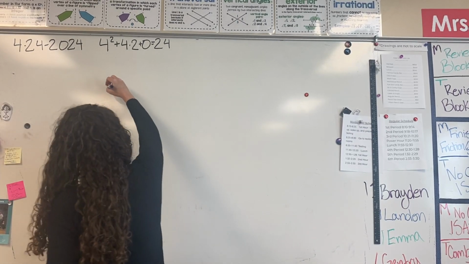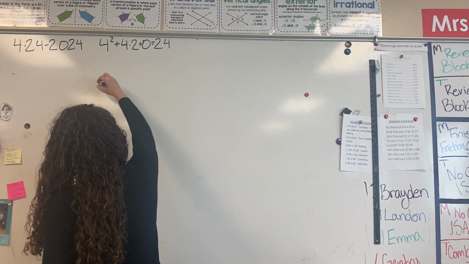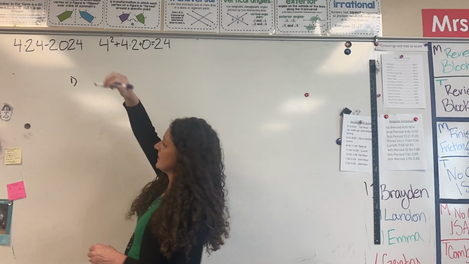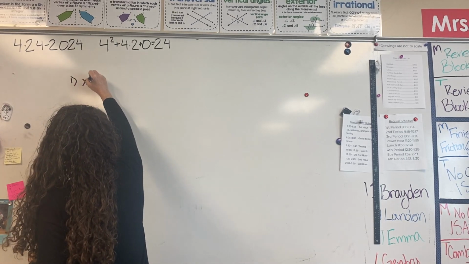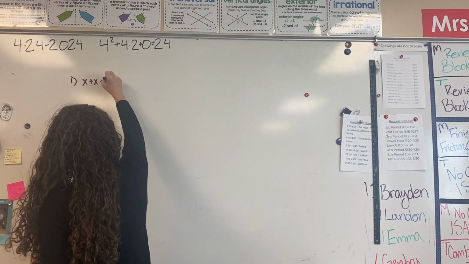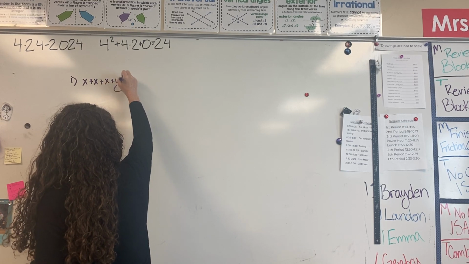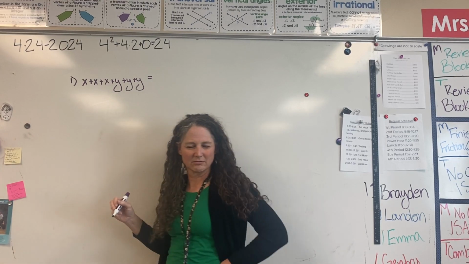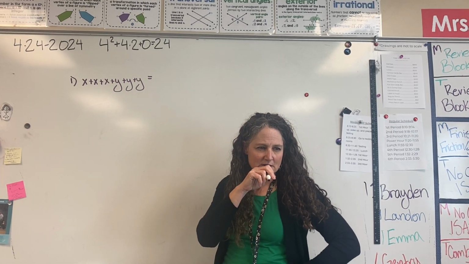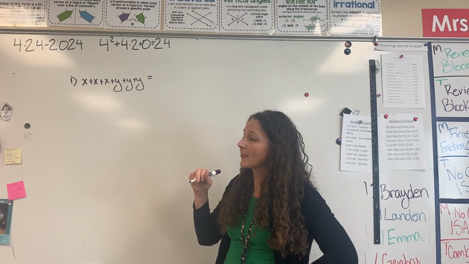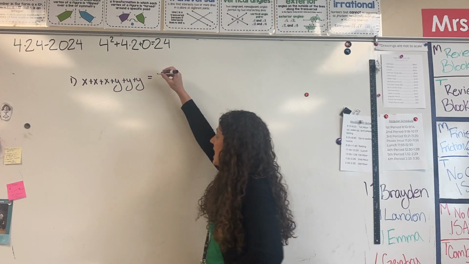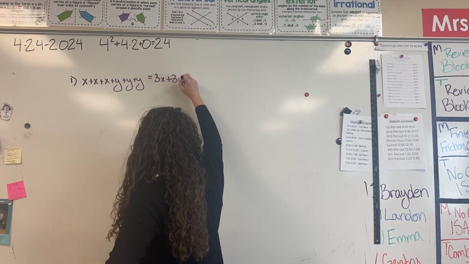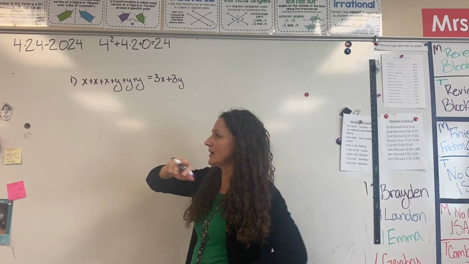If I get an x, and then another x, and then another x, and then a y, and then a y, and then a y, what does that give me? How do I write that easier, Tallulah? 3x plus 3y.